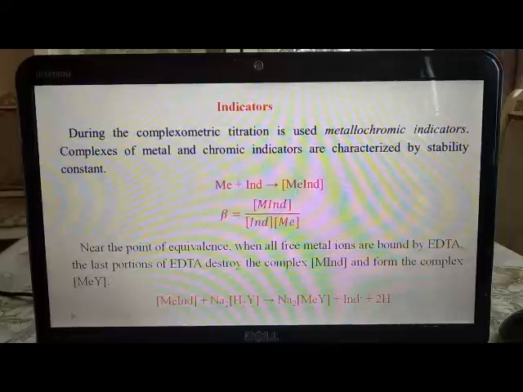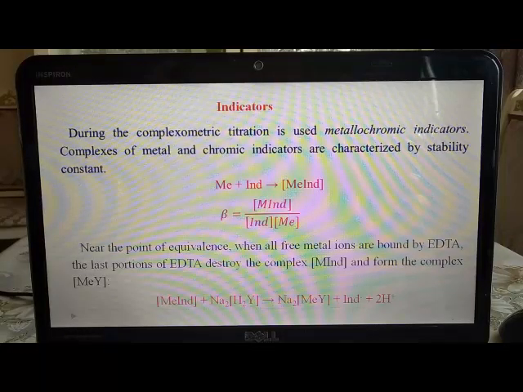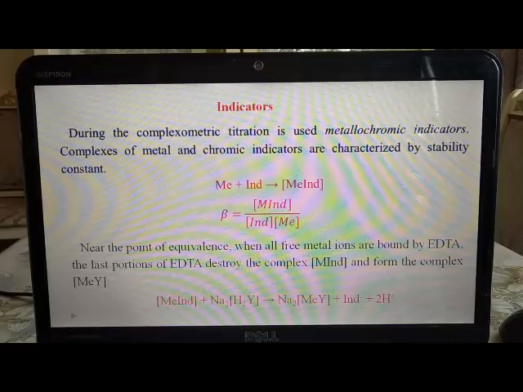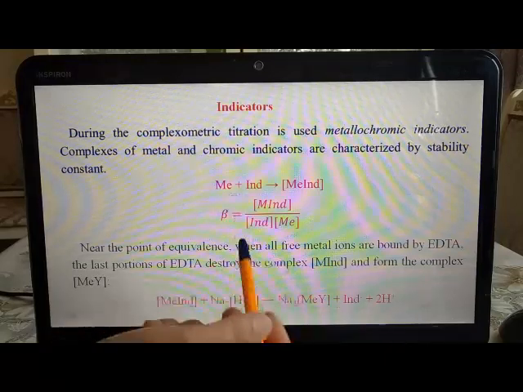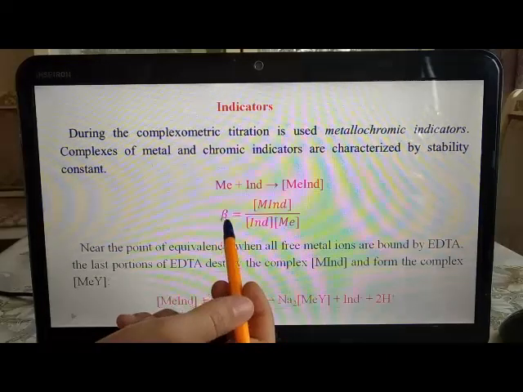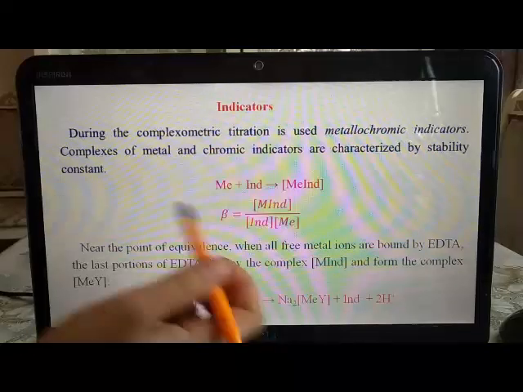Indicators. During complexometric titration, metallochromic indicators are used. Complexes of metal and metallochromic indicators are characterized by a stability constant, which has this equation.